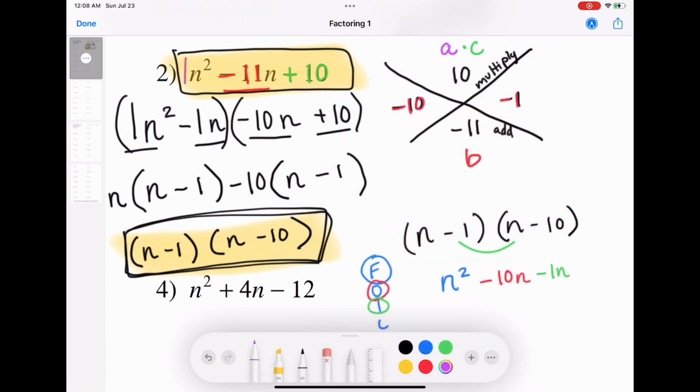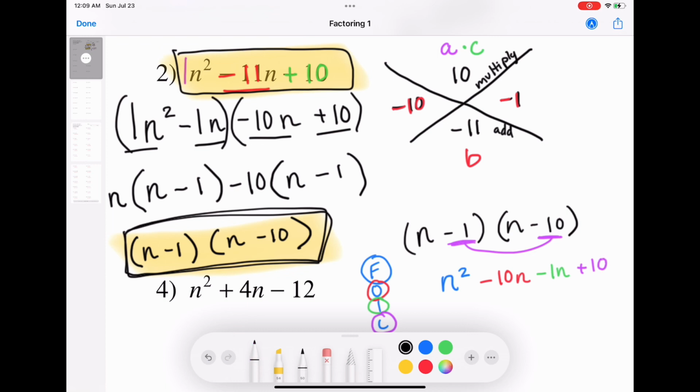And lastly, I'm going to do my last terms. Whoops. My bad. Last terms are this negative 1 and this negative 10. Negative 1 times negative 10 is positive 10.